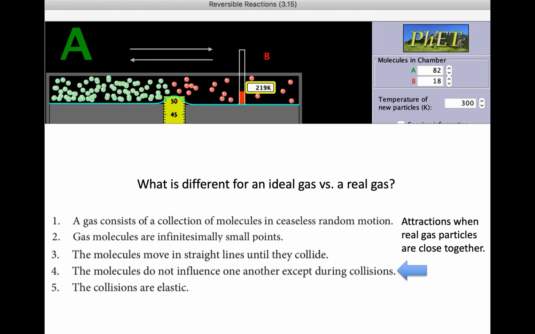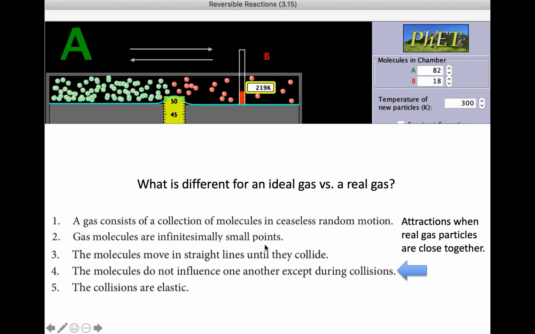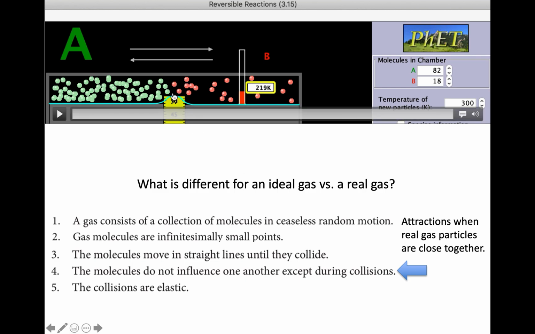The key thing I'm thinking about when I'm considering an ideal versus a real is in this behavior, in this region right here, when I have a relatively small volume that the gas particles are moving through. Because in that small volume, if there's the chance for attractions to be present, that's where they would be found.